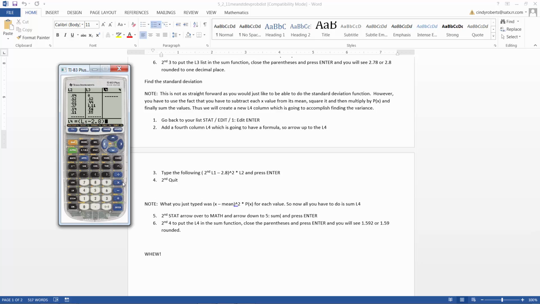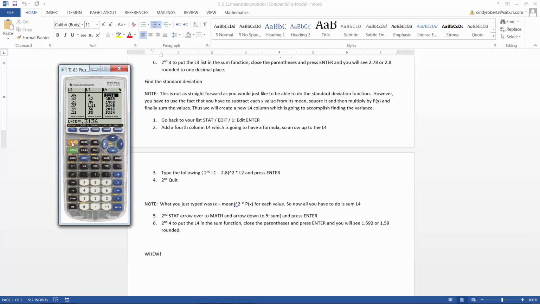And then I'm going to square it. In this case, I can just click that to square it. And then I multiply it by its probability. I press enter, and I see I get this value. Once again, it's the x value minus the mean, squared, times the probability.